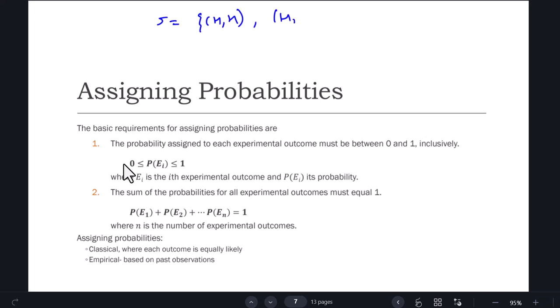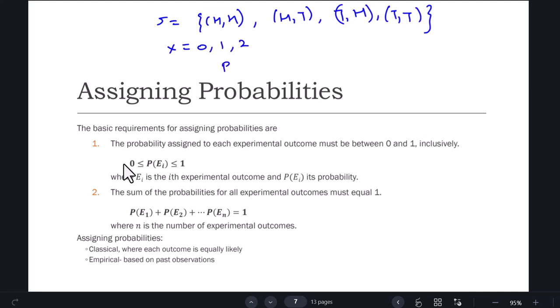We can get a head and a tail. We can get a tail and a head. Or we can get a tail and a tail. So now if our experiment was number of heads we get, we can say that x can be 0, can be 1, it can be 2.